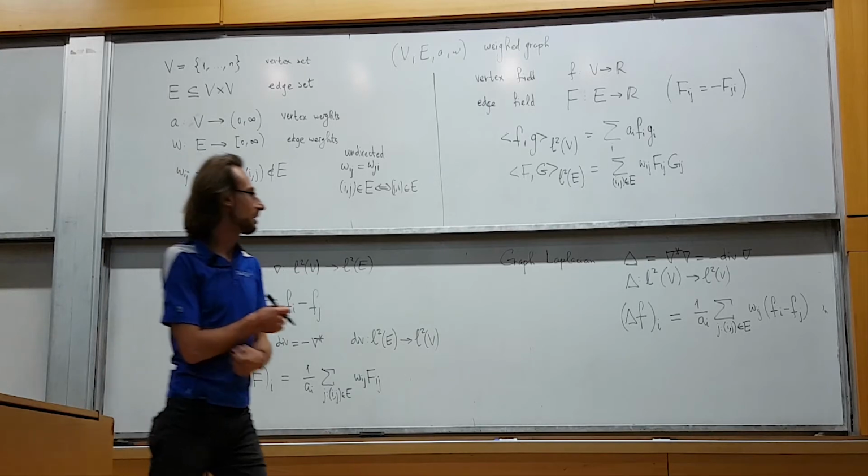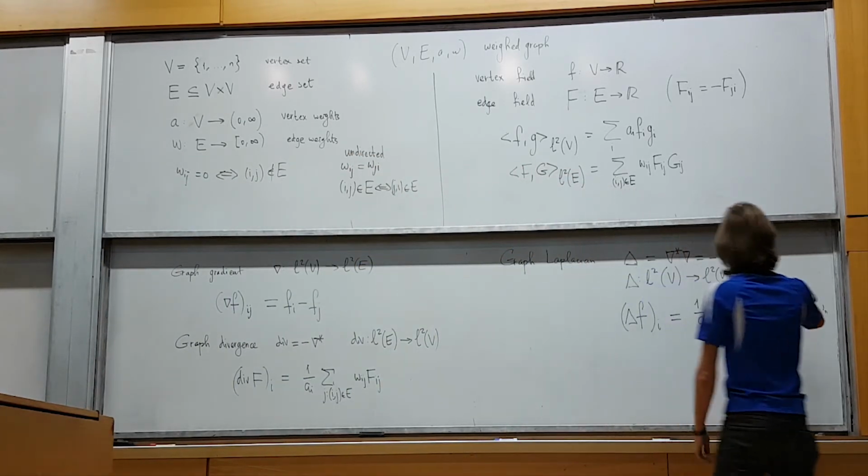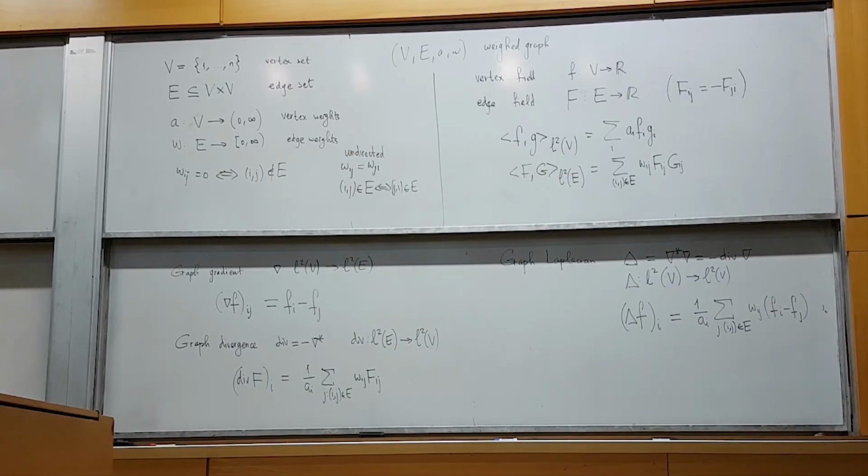Now, what is interesting about this form of writing the Laplacian is that the physical interpretation becomes evident. The Laplacian is the difference between the value of the function at the point i and its weighted average on the surrounding.